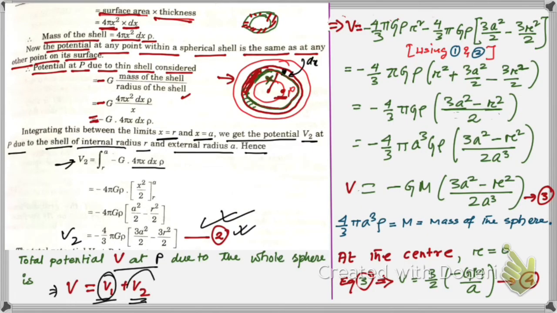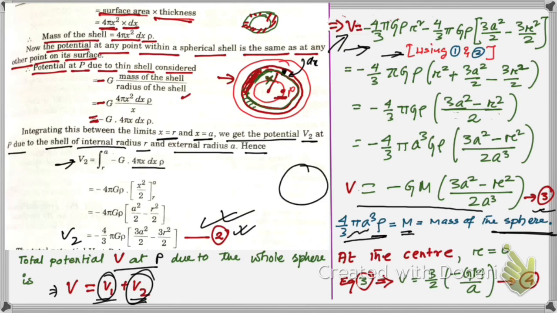If you put the values of V1 and V2 and simplify, you will get V is equal to this one. This is equation number 3. Here 4 by 3 pi a cube rho is nothing but the mass of the sphere, where 4 by 3 a cube is the volume of the whole solid sphere we are taking here.